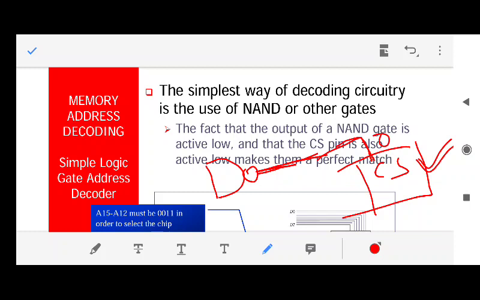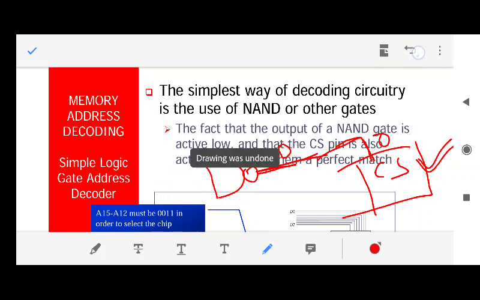So we will focus on when a 0 is produced by any gate. For a NAND gate, a 0 is produced when all the inputs are 1. Then only a 0 is produced. That means then only the chip will be selected.